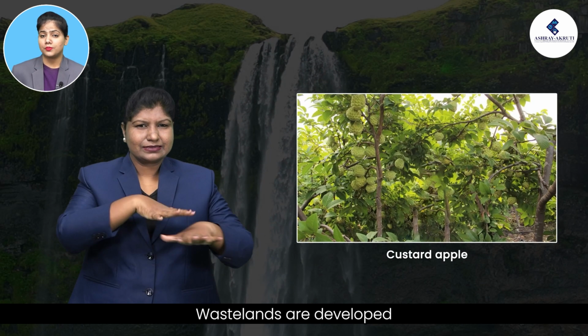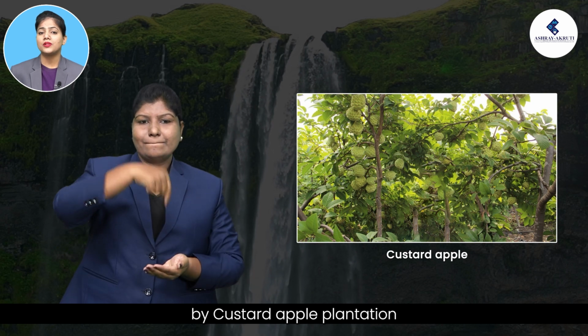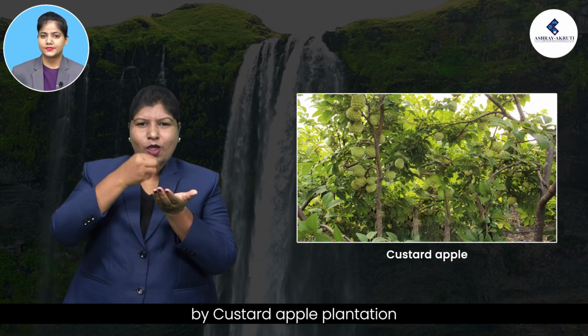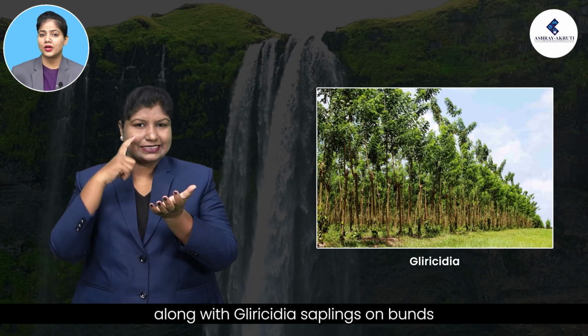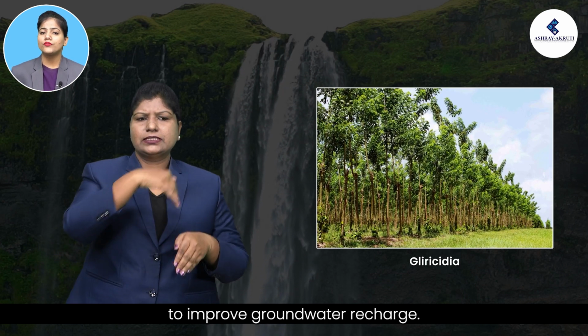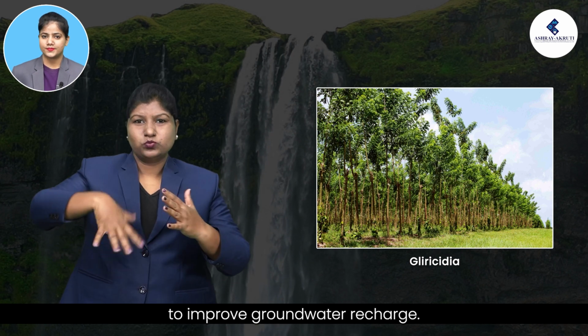Wastelands are developed by custard apple plantation along with Gliricidia saplings on bunds to improve groundwater recharge.